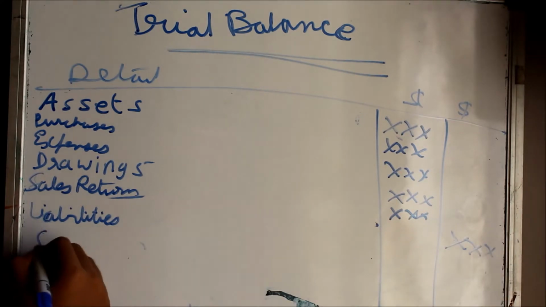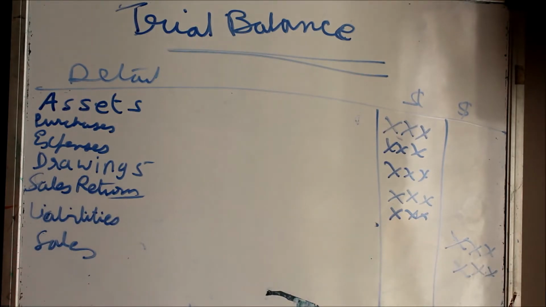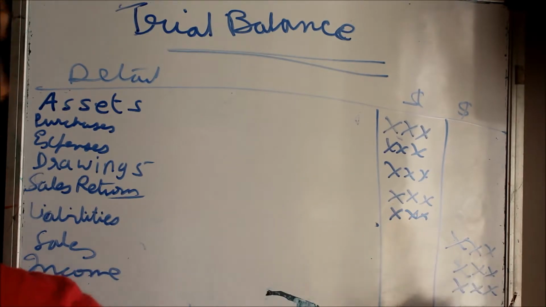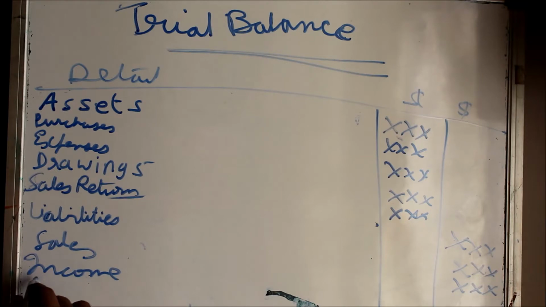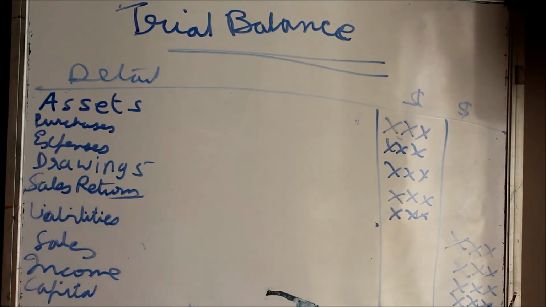Then sales, any type of income, the balance of the capital account, and finally purchase returns.